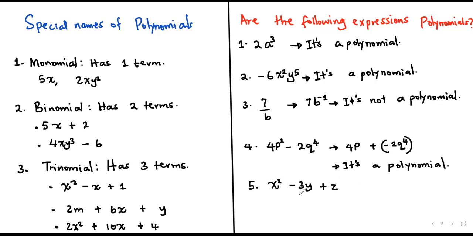And we see that this one can also be written in addition form. If we have, let's say, x squared plus minus 3y plus z. Okay. So since it can be written in addition form, and also the exponents are positives, so we say that it is a polynomial.